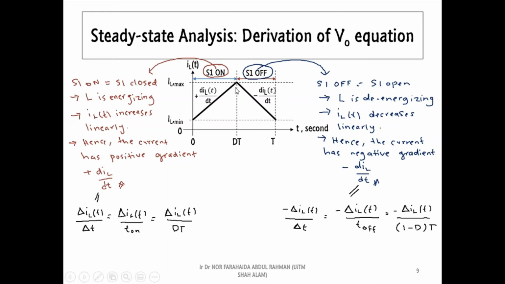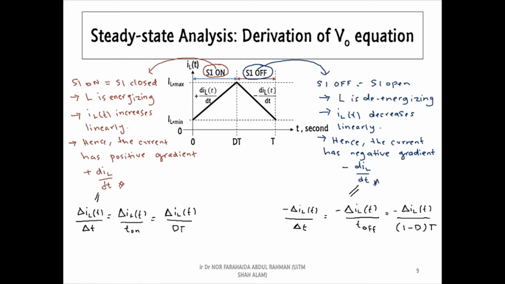When S1 is turned on, delta T is equal to the turn on time, which is DT. And when S1 is turned off, delta T is equal to the turn off time, which is (1 minus D) times T.